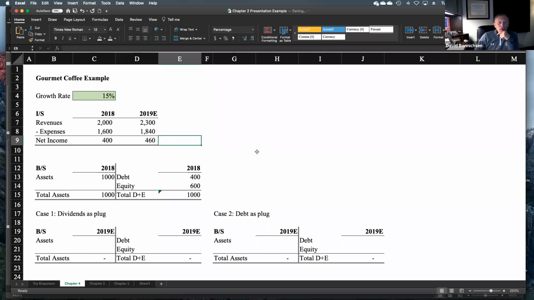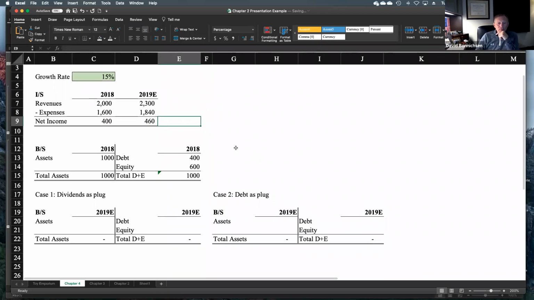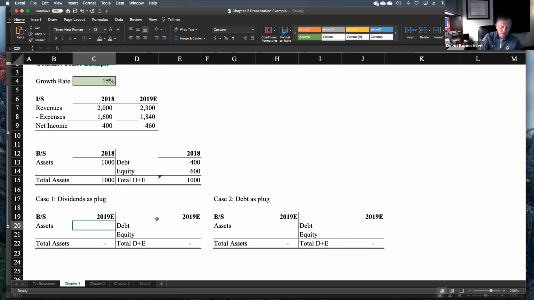Now let's talk about the balance sheet side. What things are going to go up in terms of our balance sheet? If we take our assets, they started off at 1,000. If we go up by 15%, we're taking those to 1,150.